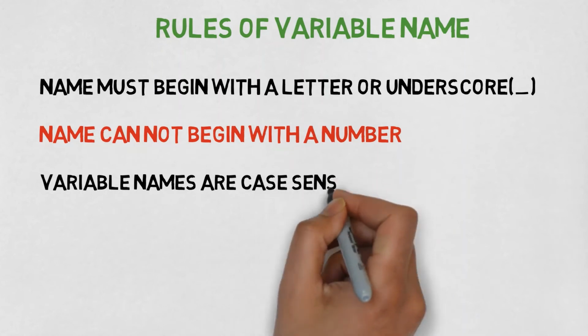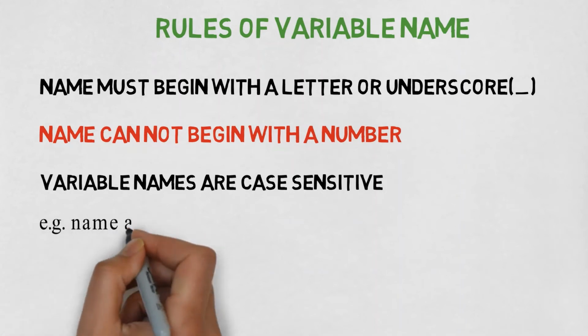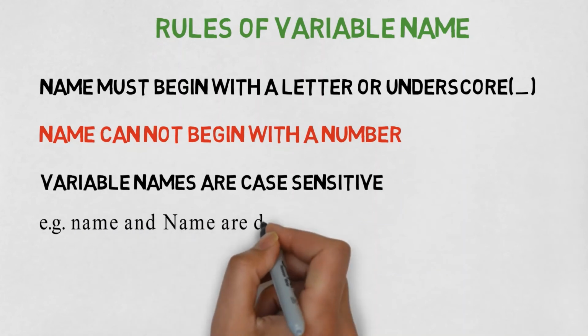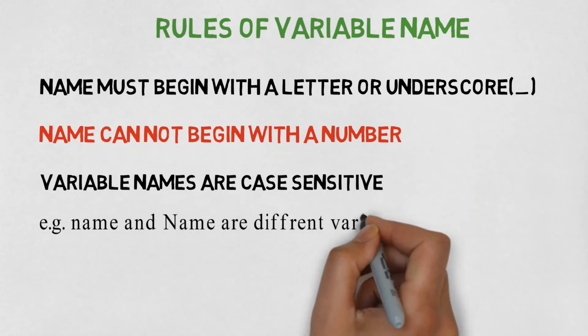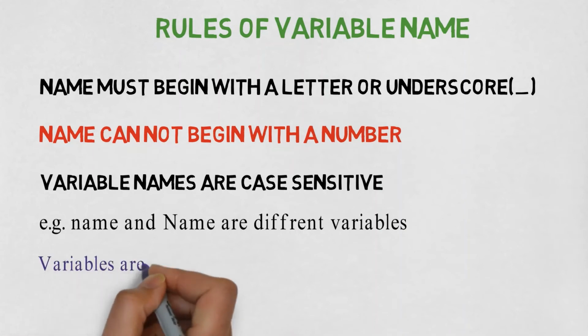In simple words, uppercase letters and lowercase letters are considered completely different. For example, one variable with a lowercase n, and another variable with an uppercase N. These two variables are completely different in terms of Python, even though they seem the same in pronunciation. And this is the most important part.